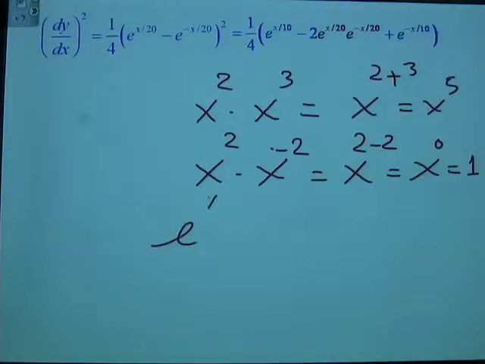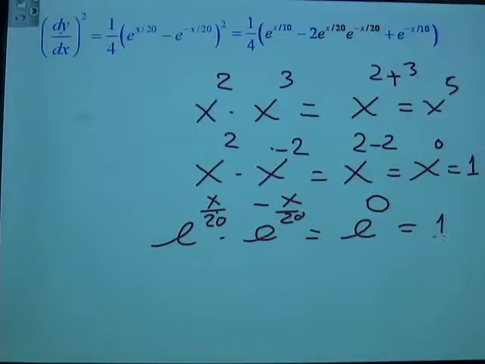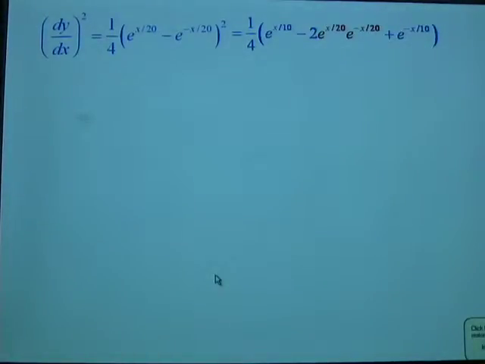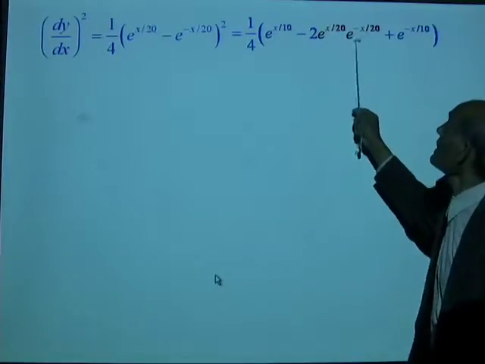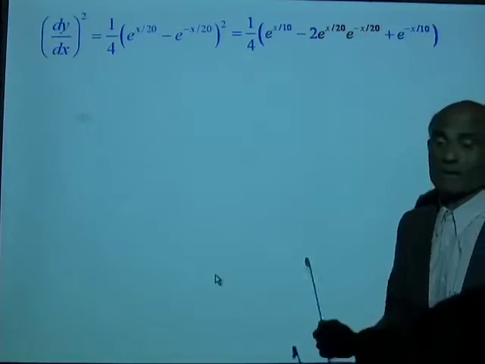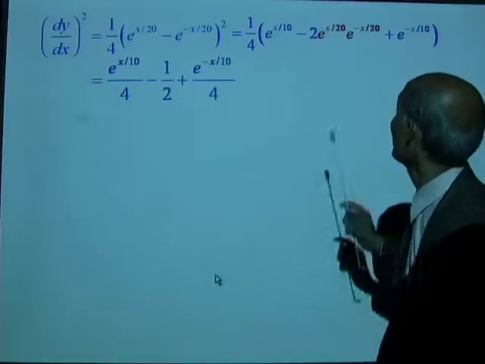So e to the power of x over 20 times e to the power of negative x over 20 is e to the power of 0, is that right? When you add these, that will be 1. So what you see here is the middle term. This quantity in red is actually 1. So what will be the next step?